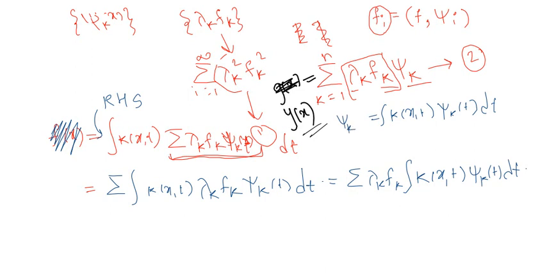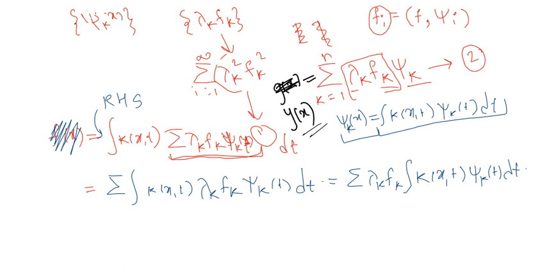Why? Because xi k of x is an eigenfunction of the kernel corresponding to eigenvalue lambda k.